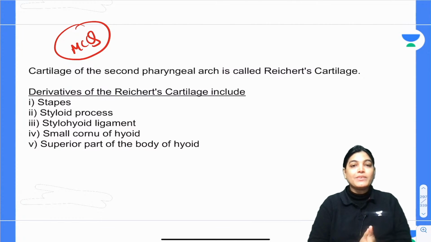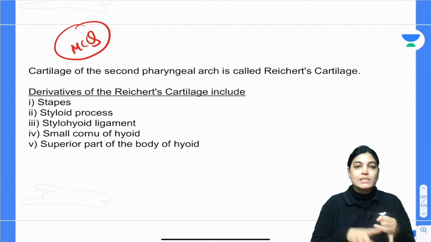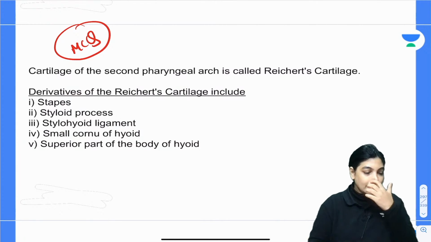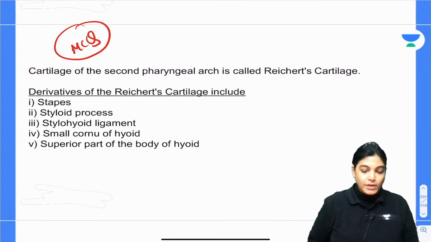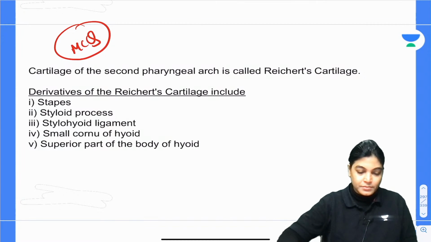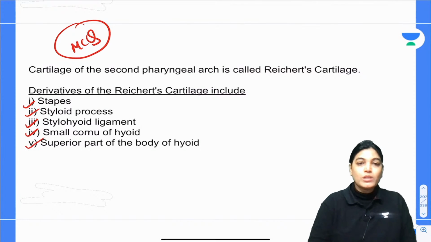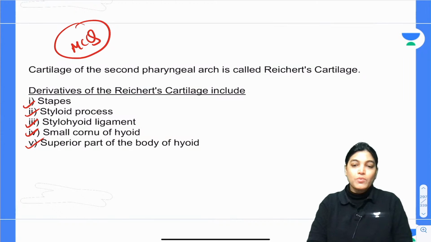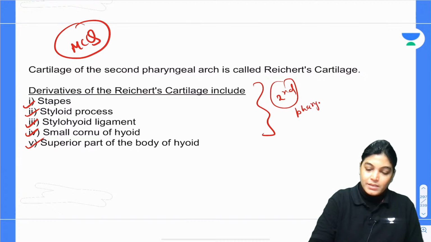The derivatives include stapes, styloid process, stylohyoid ligament, smaller cornu of hyoid bone and superior part of the body of hyoid bone. So all these start from S. All these 5 structures are derivatives of Reichert's cartilage. Got it?